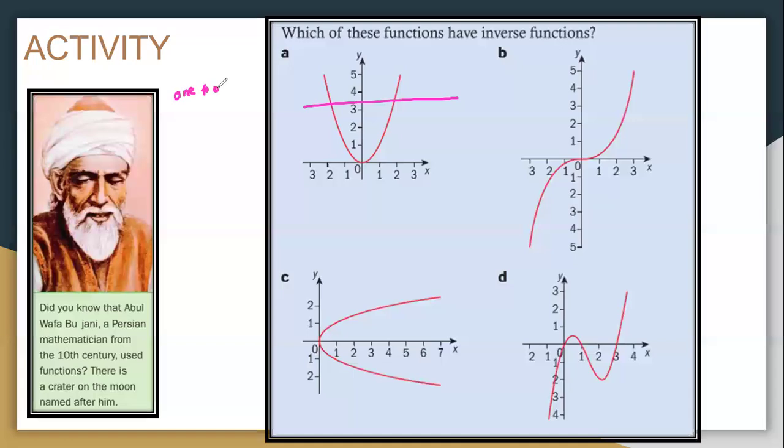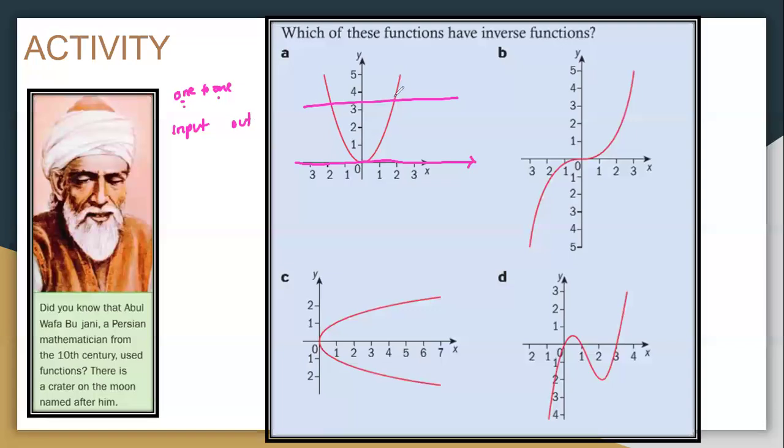When you were in senior 2, you looked at what you call one-to-one. Now, why do we use the horizontal? When you look at our x line, our x point lies along the horizontal axis. Being that it is lying along the horizontal axis, we know very well that for something to be one-to-one, we must have one input correspond to one output.